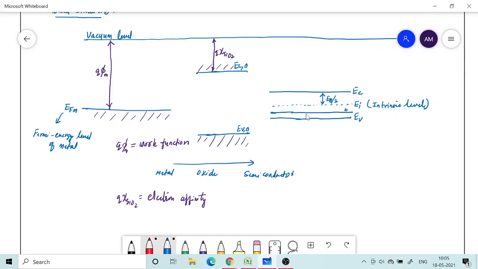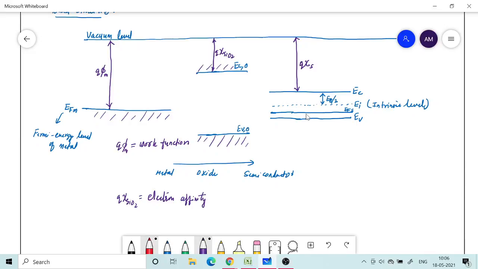Okay, so this is my EFS, just like EFM I wrote here, this is EFS. And then, similar to earlier, I have the electron affinity defined for this semiconductor, which is Q into chi S. You need to pay much closer attention to what I am going to say from here onwards, because there are certain concepts which, if you don't pay very close attention, you will find difficult to understand.